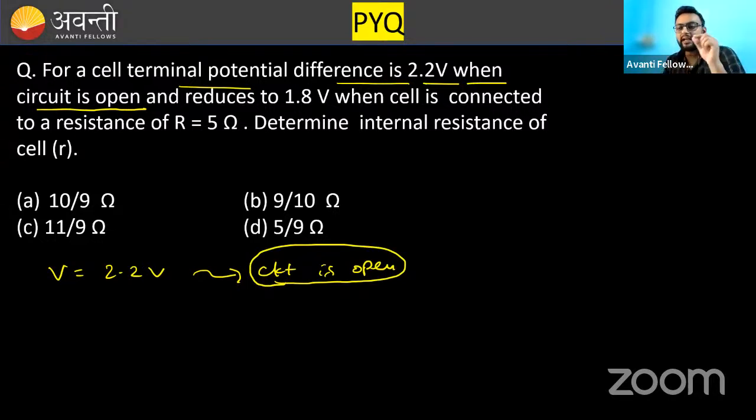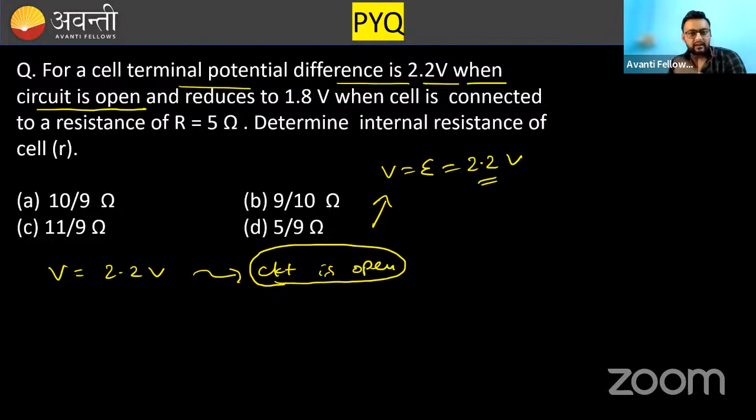I have told you that for an open circuit, EMF is equal to terminal potential. For open circuit, V is equal to E. That's what we studied in our punchline. That was the first punchline. Is it clear? So we can understand here that EMF is also 2.2 volt.